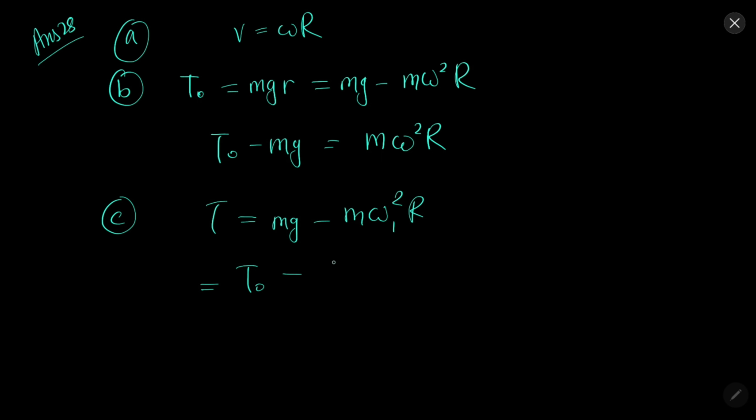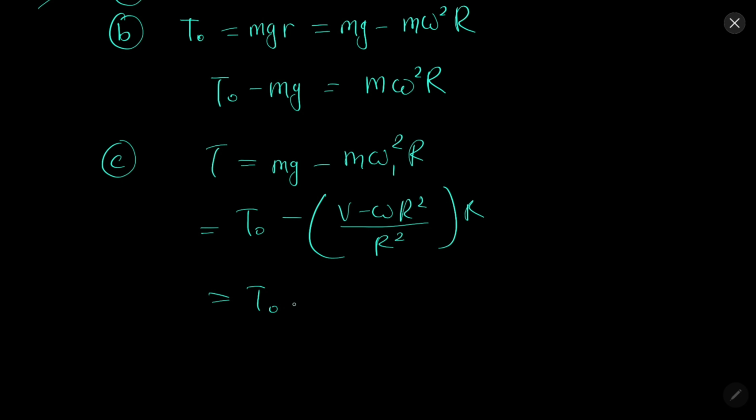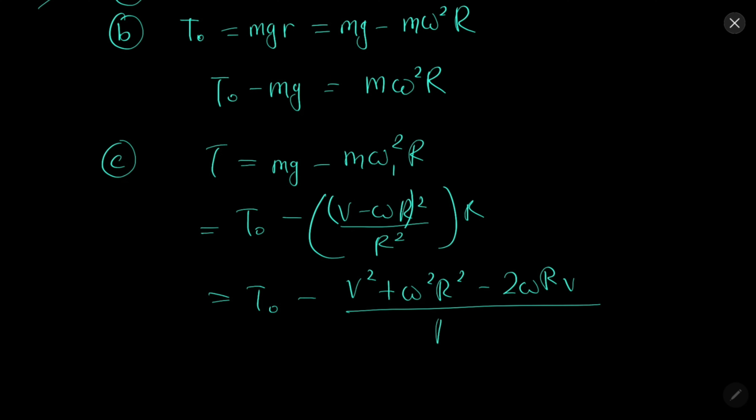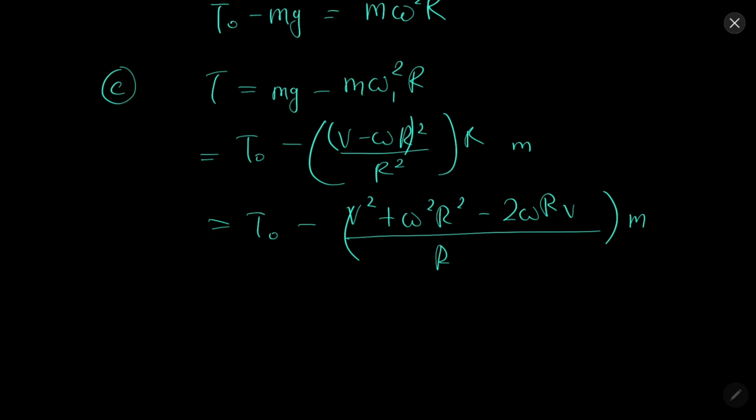So T0 minus this, so T0 minus v square plus omega square r square minus 2 omega rv over r into m. So T will be T0 plus 2 this.